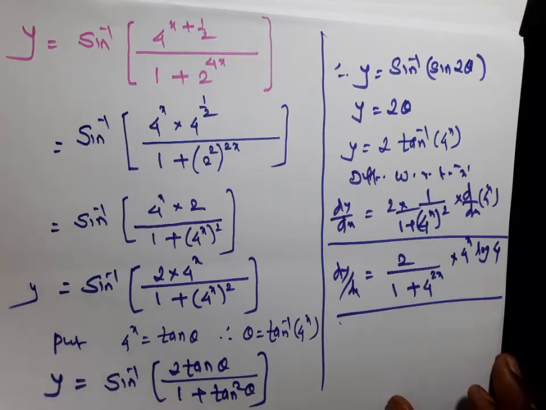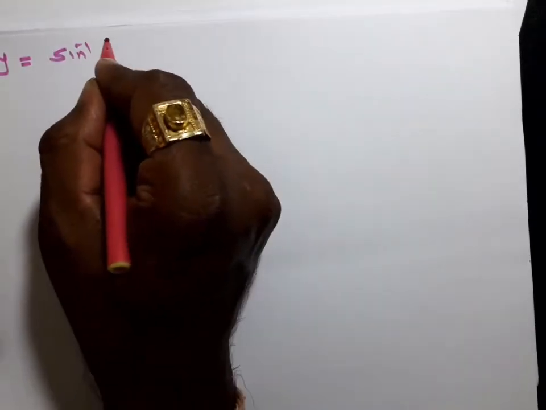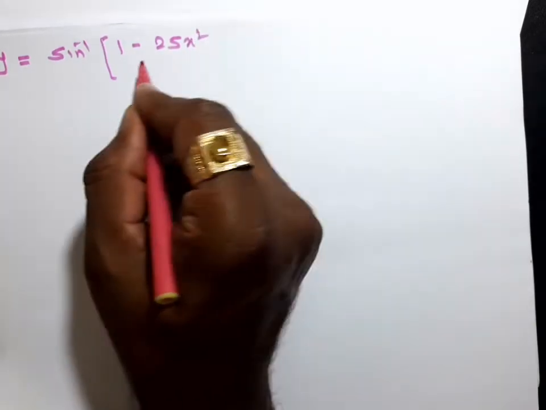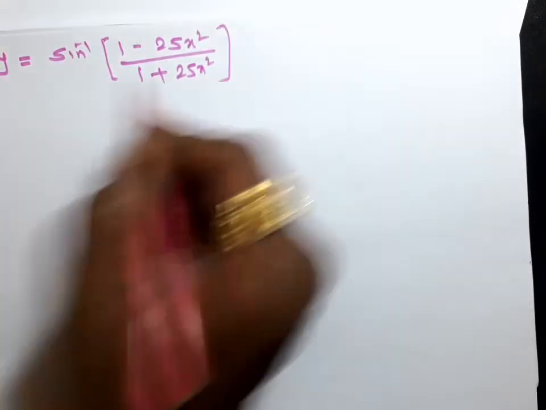If you are able to recall, it will be very, very simple and enjoyable. So one more example I am taking of this type. Problem number 15. y is equal to sine inverse of (1 minus 25x square) upon (1 plus 25x square).